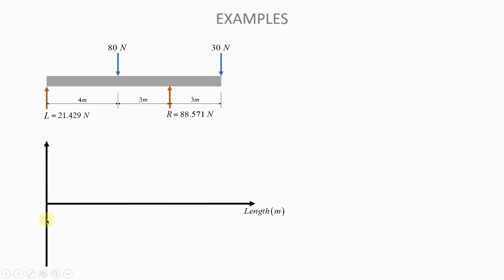And in this case, the vertical axis, since we're trying to draw the bending moment diagram, will be the bending moment. It's going to have units of Newton meters because our forces are all in newtons. If our forces were in kilonewtons, then the bending moment diagram would have units of kilonewton meters. So in this case, it's Newton meters.